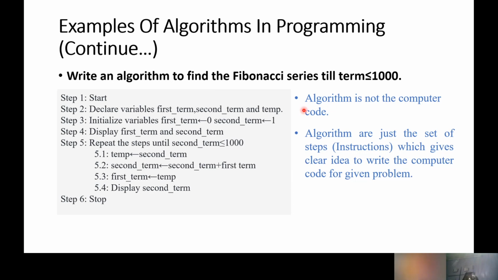So once we reach this, remember: an algorithm is not a computer code. Important statement. Algorithm is not a computer code. There is no programming language which allows us to write code in the form of an algorithm only, and it will never be executed. Basically this is logic only, a set of statements, a set of instructions.